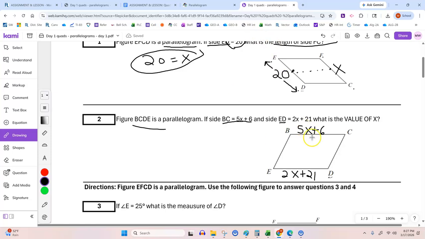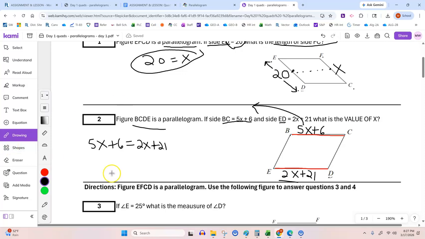So now we know that this side right here is equal to the opposite side right there. So if they're equal, I can set these equal to each other. So I can go 5x plus 6 equals 2x plus 21, okay?